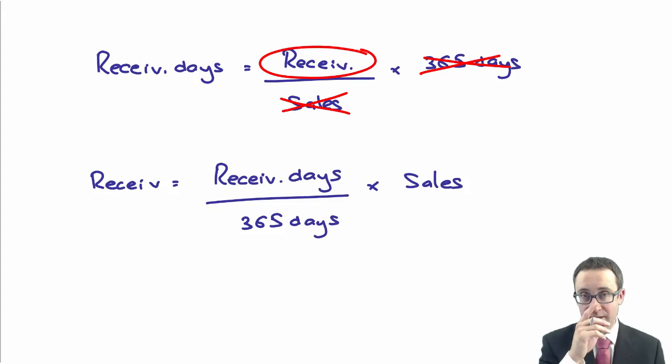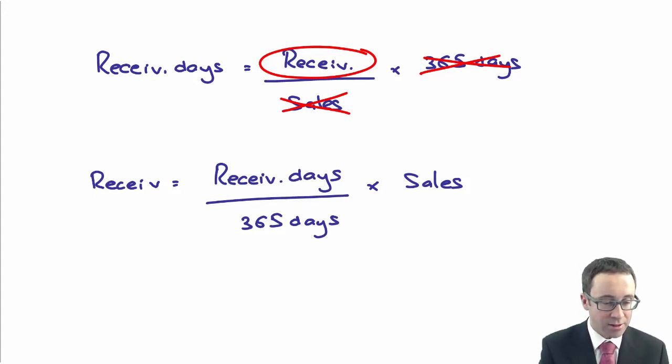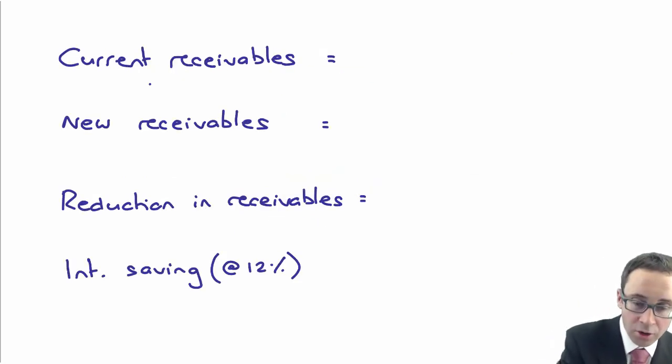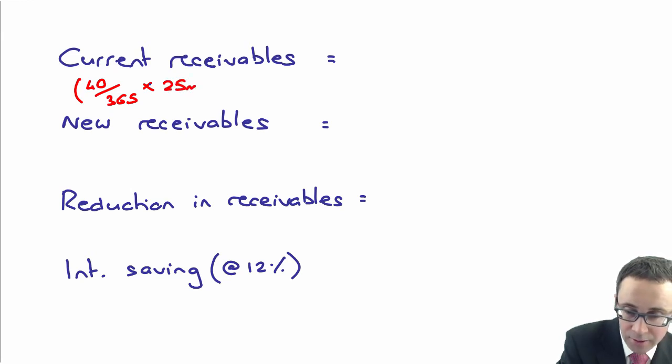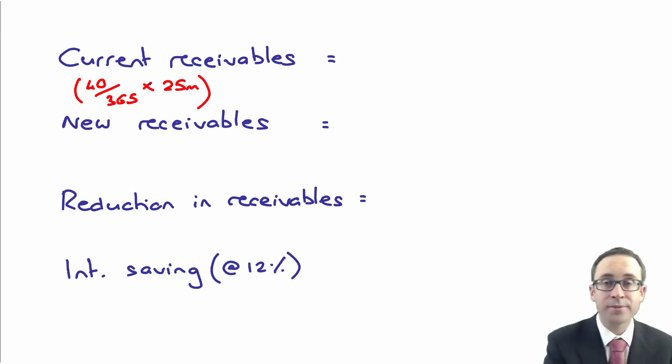So what you've got there is you need to take your receivable days divided by 365 and multiply by the sales. So our current level of receivables is 40 receivable days over 365, and then we multiply by 25 million.